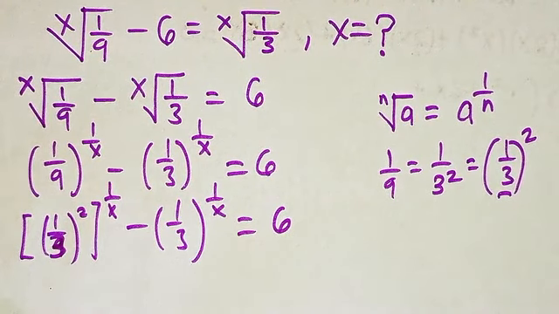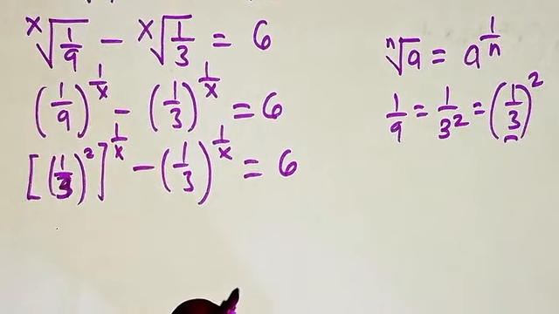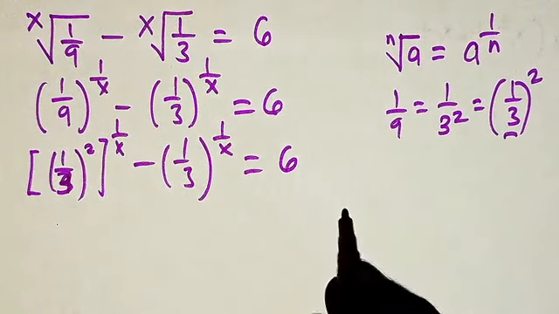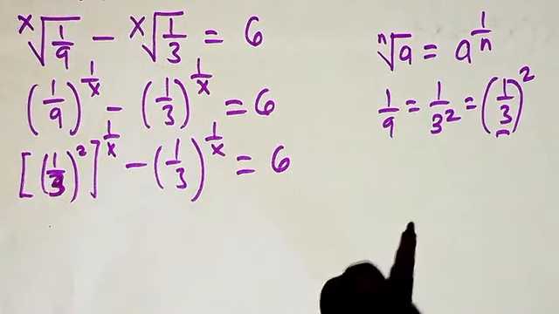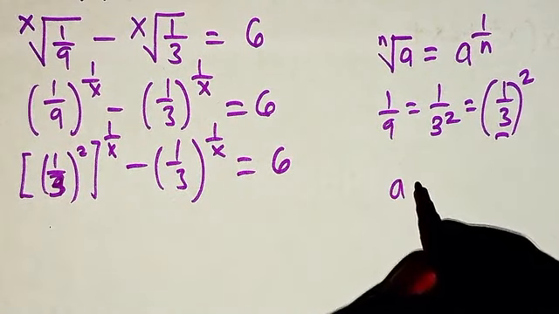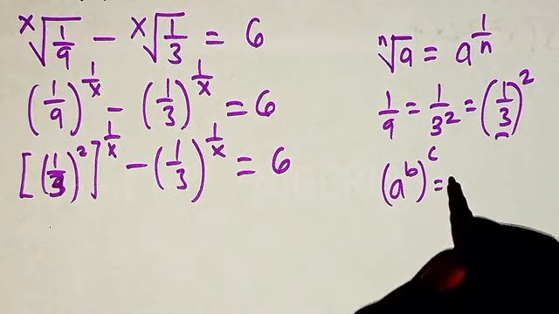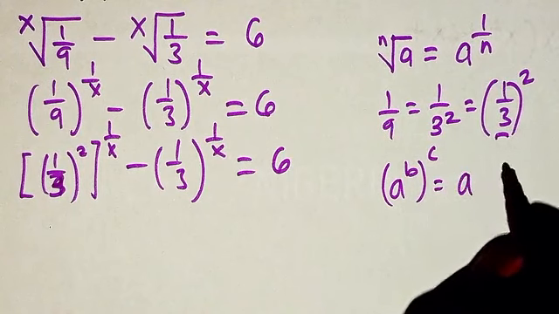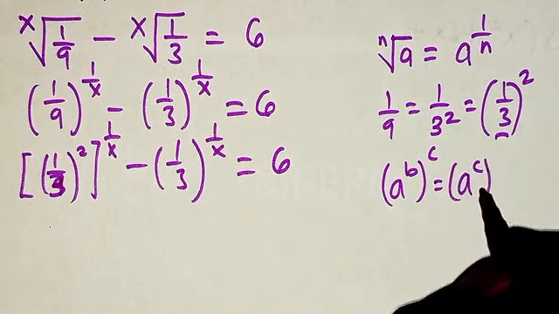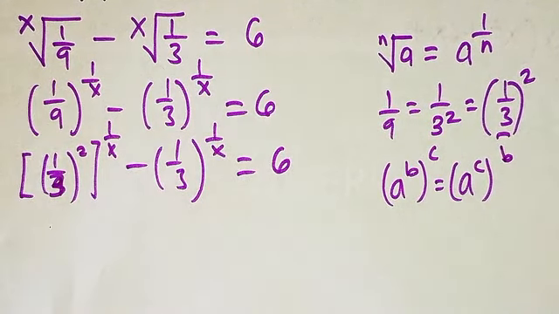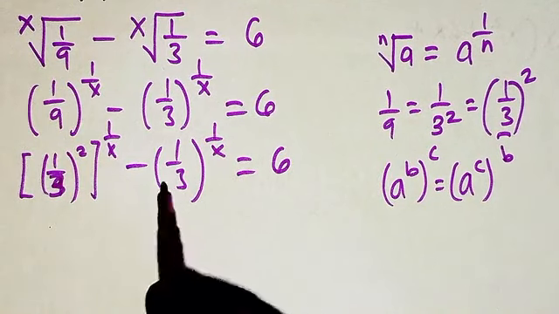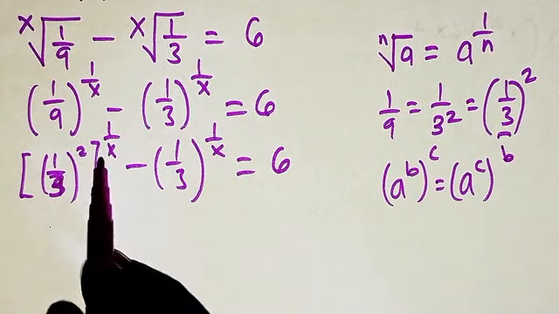Now we're going to apply one of the laws of indices that says when you have a to power b, then another power c, we can interchange the powers so that c comes inside and b goes outside. The same thing we are going to do here: we interchange these two exponents.